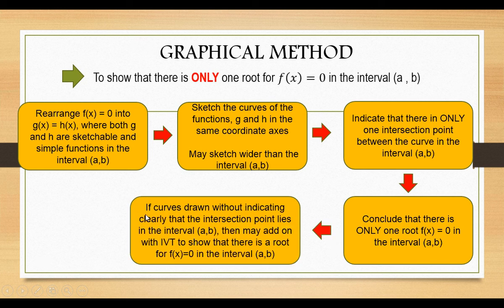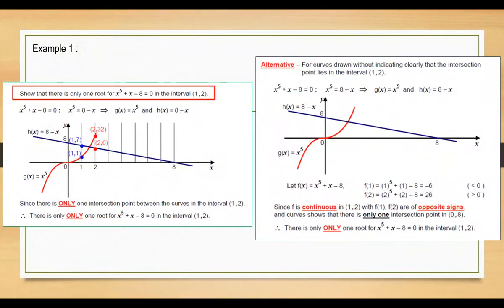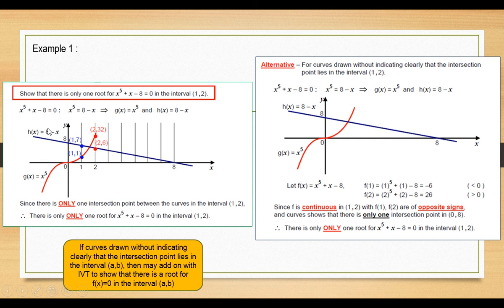Okay, note that if the curves are drawn without indicating clearly that the intersection point lies in the interval (a, b), then you may add on the IVT to show that there is a root for f(x) equals 0 in the interval (a, b). Look at this example. Show that there is only one root for x to the power 5 plus x minus 8 equals 0 in the interval (1, 2).